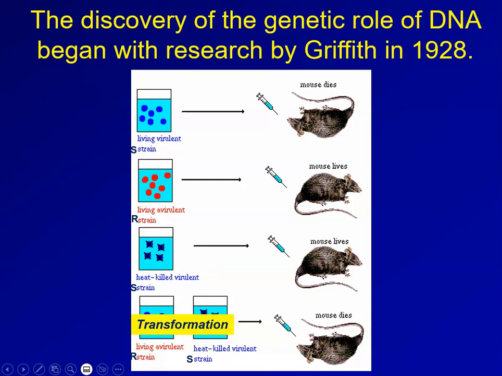So this was a pretty pivotal experiment that led to some other research, because still at this time, nobody really knew what the substance, what the chemical compound was that was responsible for this transformation.